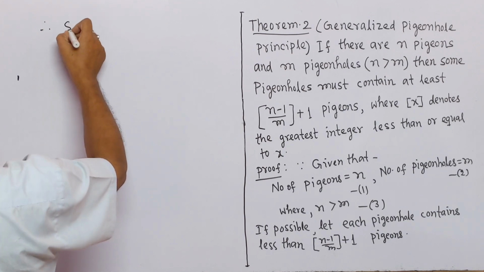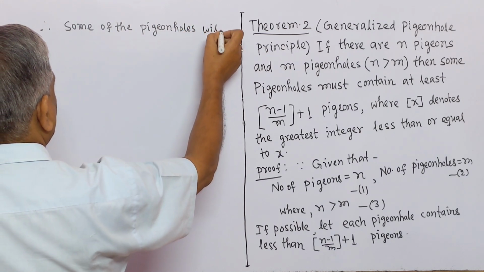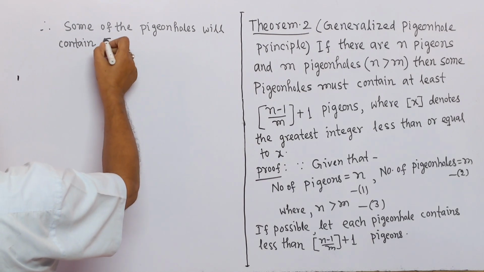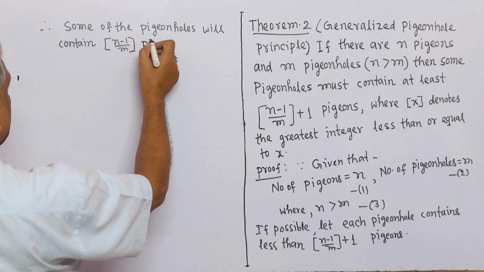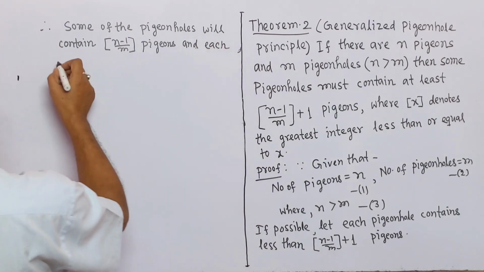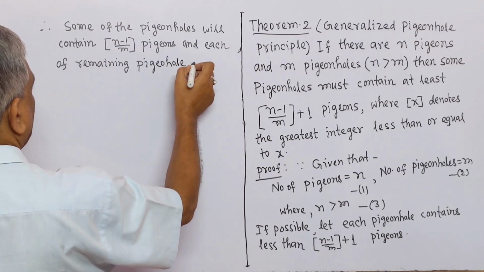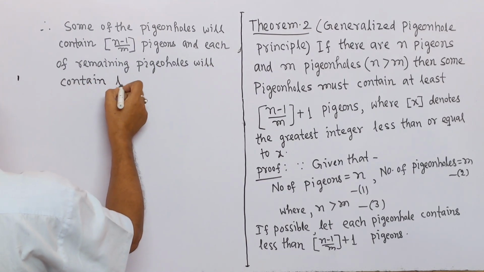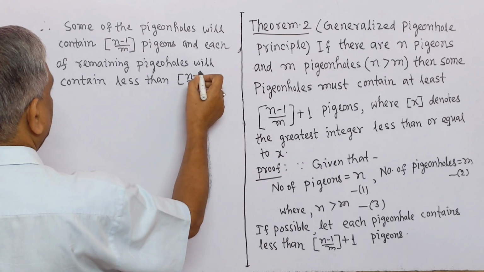Therefore, some of the pigeonholes will contain less than this, means floor of (n minus 1) by m pigeons, and each of remaining pigeonholes will contain less than this floor of (n minus 1) by m pigeons.